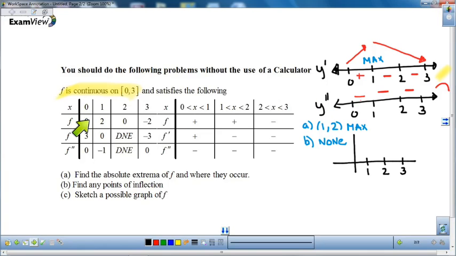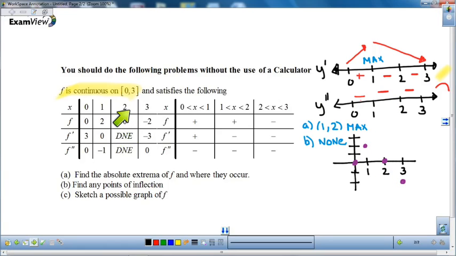So first of all, I'm going to plot my points: (0, 0), (1, 2), which is my max, (2, 0), and (3, -2). So I know I'm going to be increasing, then decreasing, and it's going to be all concave down.